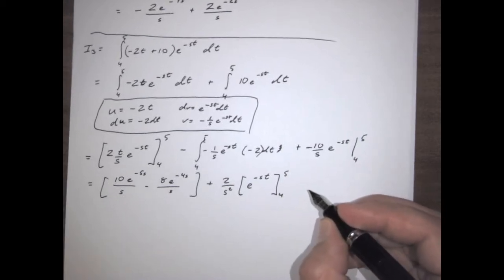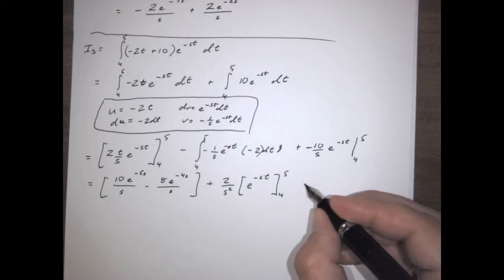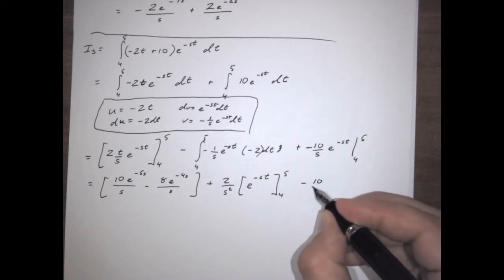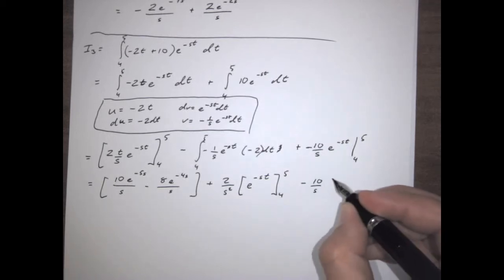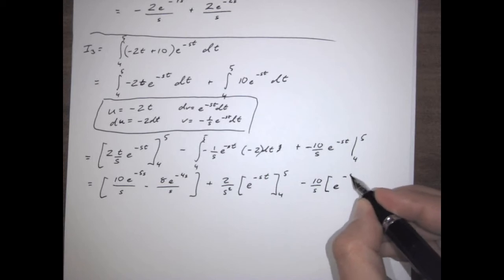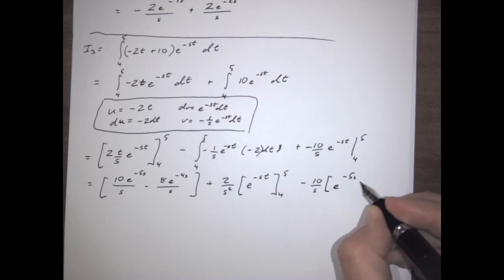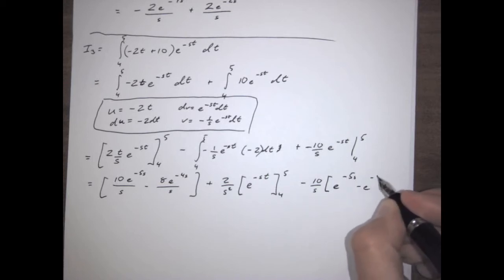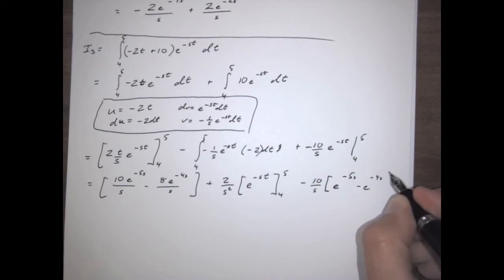And then this next one over here is going to be minus 10 over s times, what are we going to have? We're going to have e to the negative 5s minus e to the negative 4s.